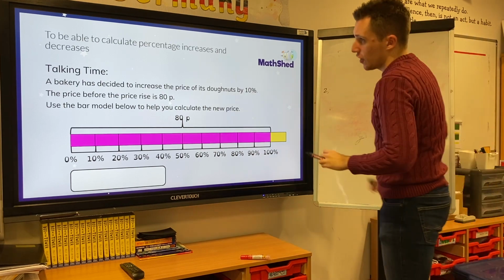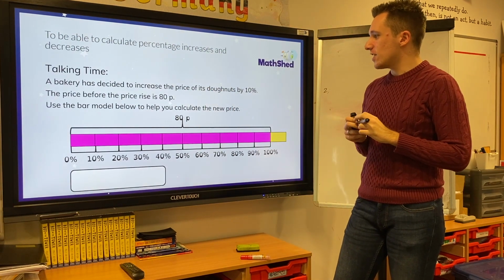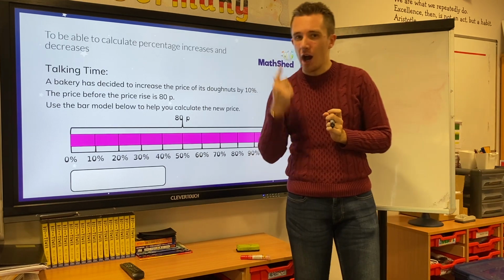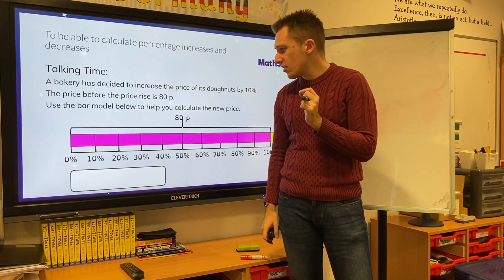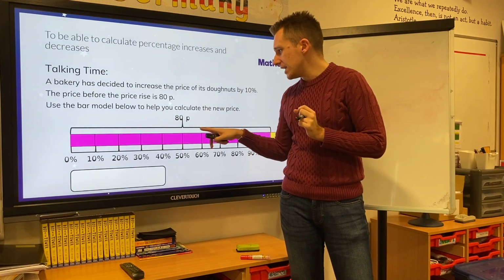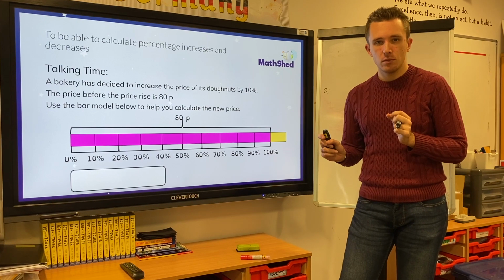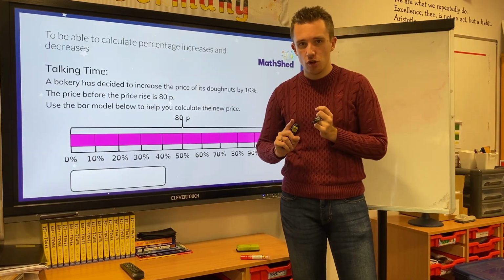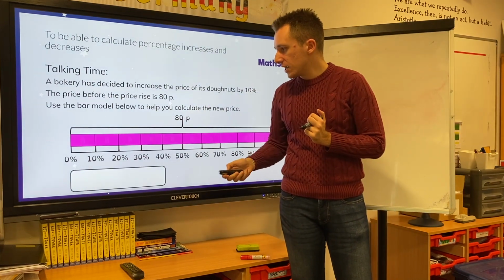So, first thing we're looking at. A bakery has decided to increase the price of its donuts by 10%. Increase, go up by 10%. Before the rise, the price was 80p. Work out the new price. Step 1, find the percentage. 10% of 80p.